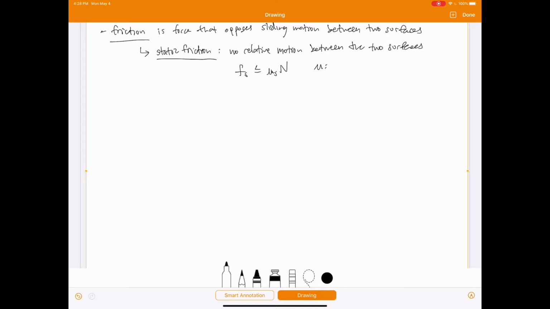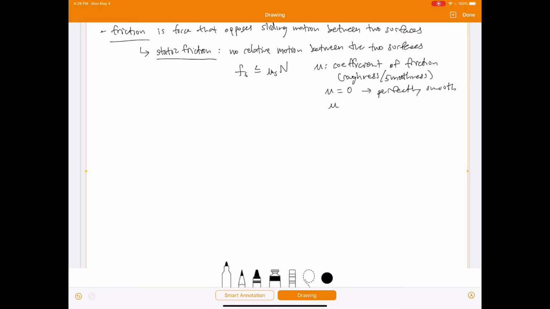This number mu is called a coefficient of friction. And it has to do with roughness or smoothness of the surfaces. So mu is equal to 0. That's perfectly smooth. That means we have no friction at all.